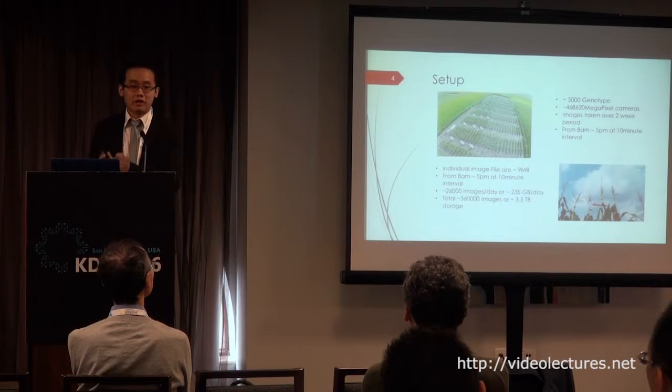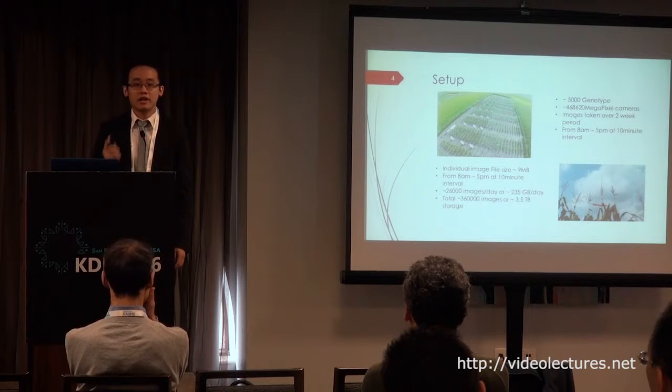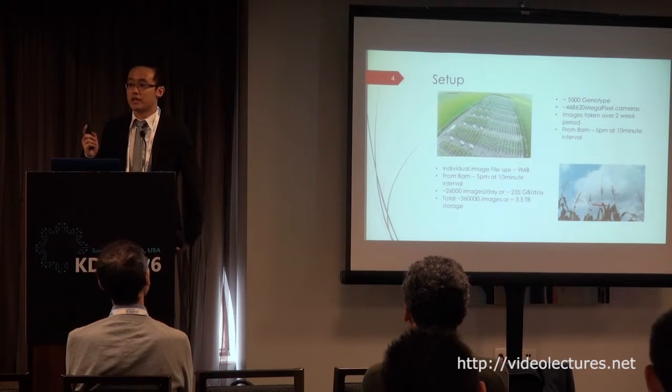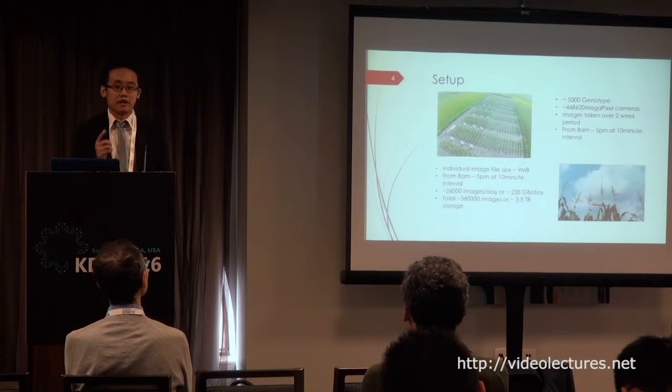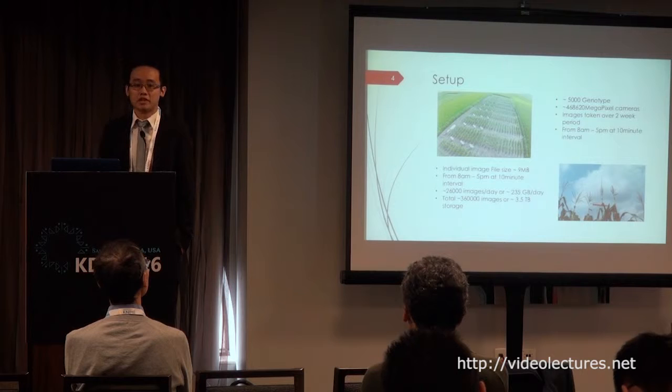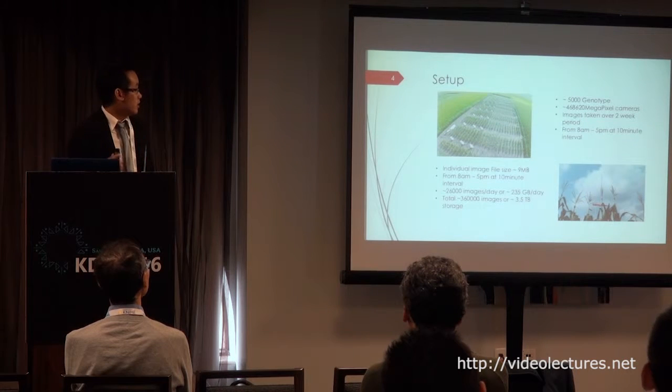If you take one camera from 8 a.m. to 5 p.m., that's 9 hours, and you take an image every 10 minutes, that's 6 images an hour, which gives you 54 images per camera. But now multiplied by 486, this blows up.